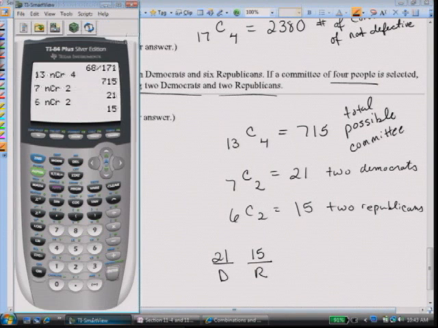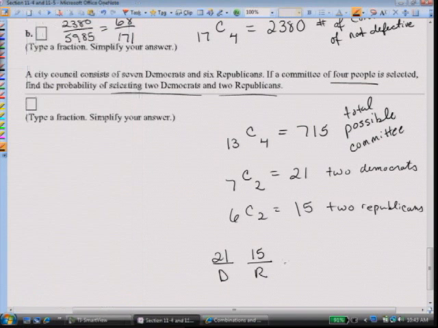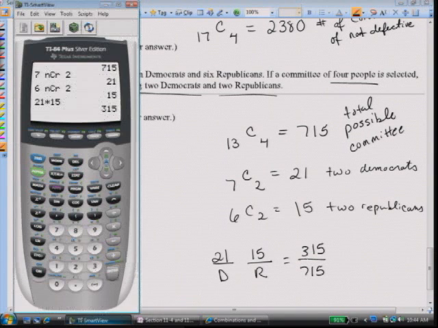And that's going to be the total number of combinations made up of 2 Democrats and 2 Republicans. So 315 out of how many possible? 715. So we have 315 divided by 715.